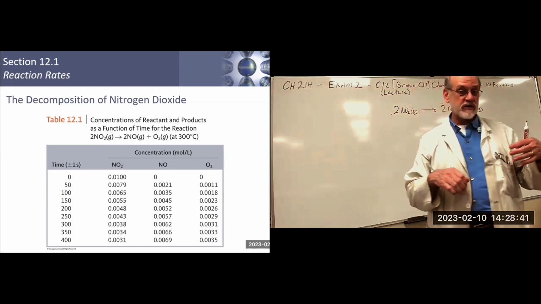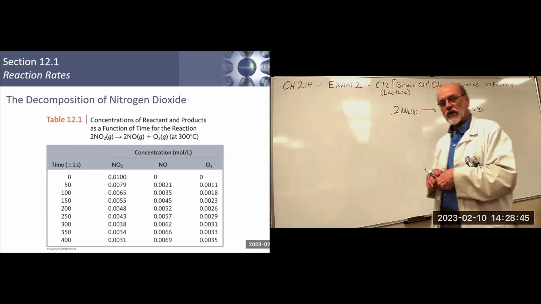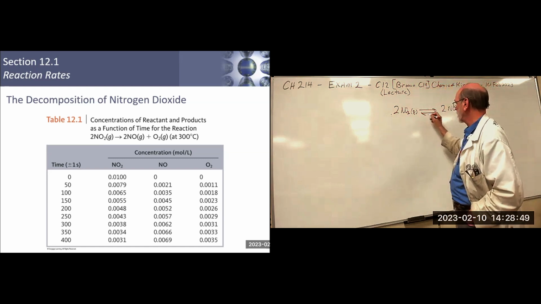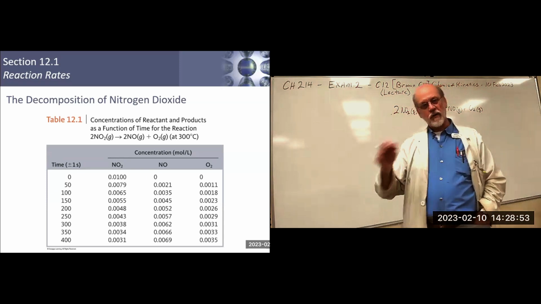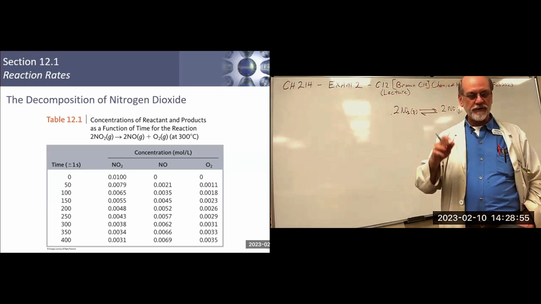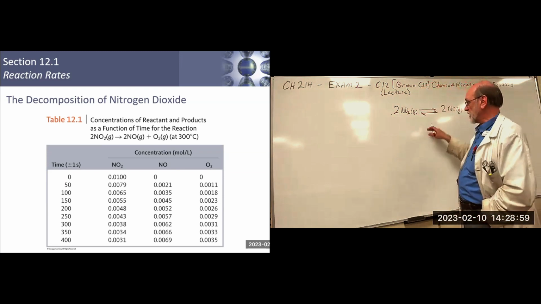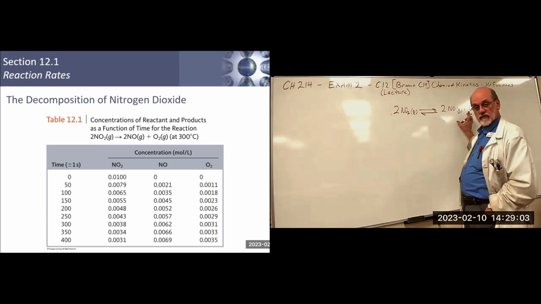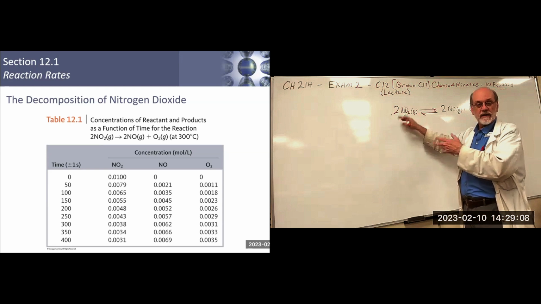And the advantage to using initial rates is that the reverse reaction has no impact on the forward reaction. That's one thing that we'll pick up again in equilibrium. Whenever you've got a reaction set up, there's always the possibility that these reactants can do their thing and end up as reactants again.